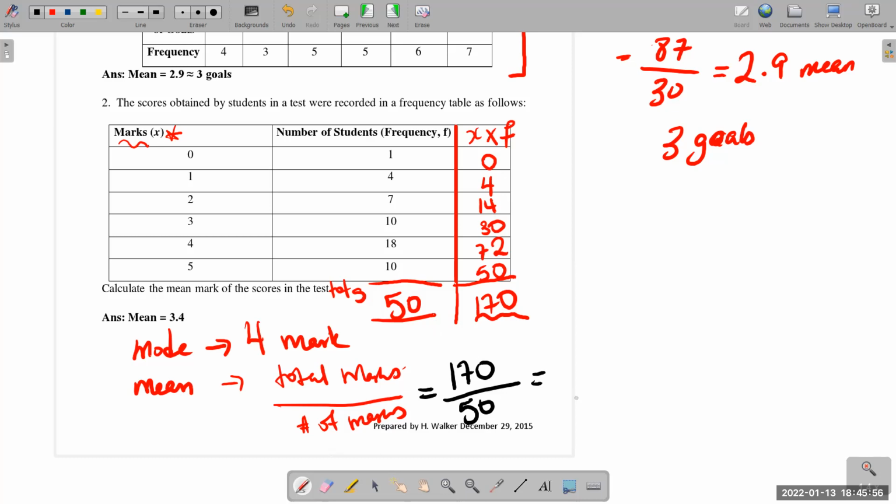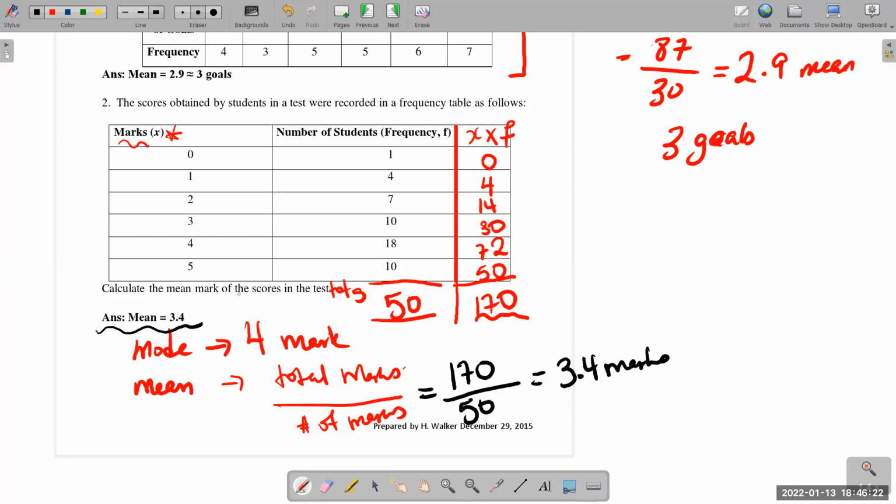Now let me ask you a question. 3.4 marks. Is that a correct answer? Yup. Look at you. Everybody understand how we got that? Okay, excellent job.